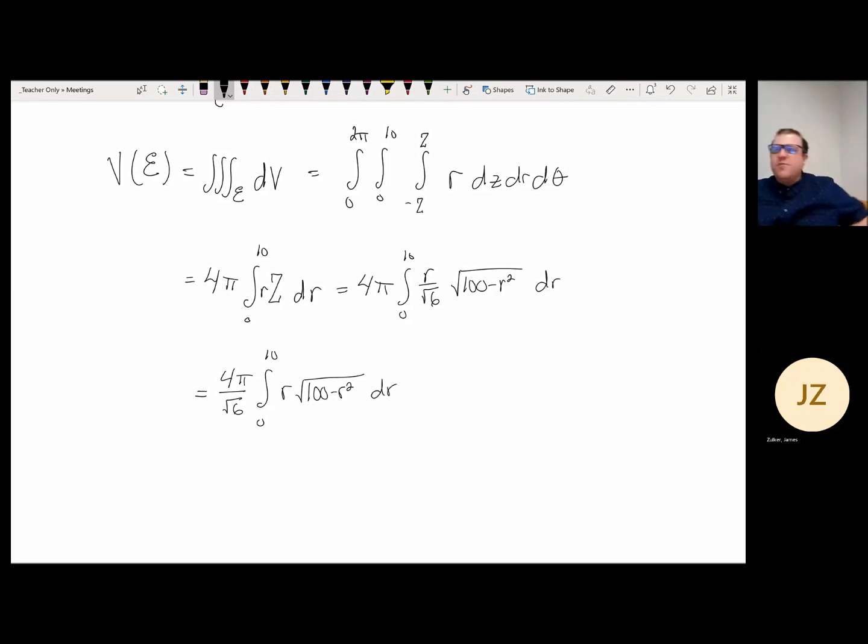And now factor out that 1/√6. This is now simple trig sub. Or not trig sub, I'm sorry. Simple change of variable. U sub. Could do trig sub. Don't know why you'd want to. So we're gonna need a negative 1/2.